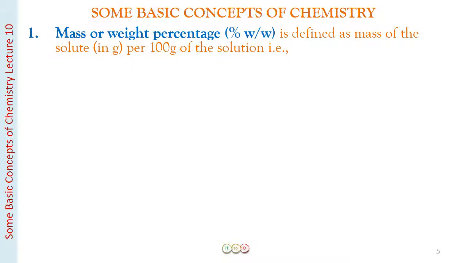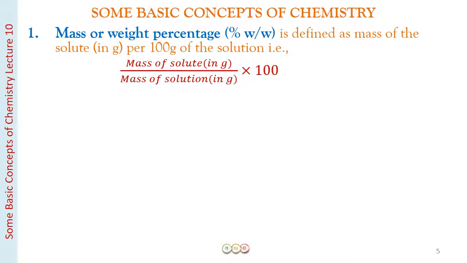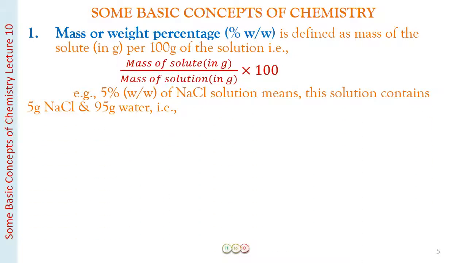First we have the mass or weight percentage, and this is defined as the mass of solute in gram per 100 gram of the solution. That is, it is equal to the mass of the solute in gram divided by the mass of the solution in gram, multiplied by 100. For example, if we have a NaCl solution of 5% W/W, this means that the solution contains 5 gram of NaCl and 95 gram of water, because the mass of the solution is 100, right?